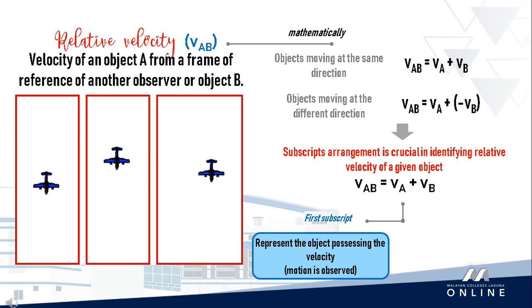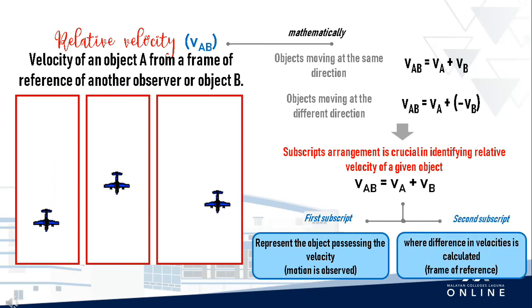I will repeat that. The first subscript represents the object possessing the velocity and is the one whose motion is being observed. On the other hand, the second subscript represents the object or observer with respect to which the difference in velocities is being calculated. Simply put, the second variable is our frame of reference.